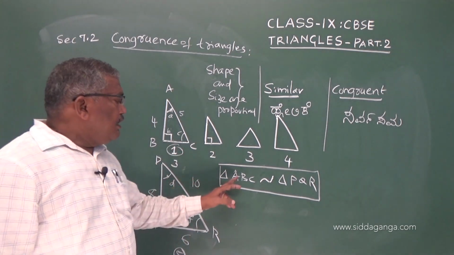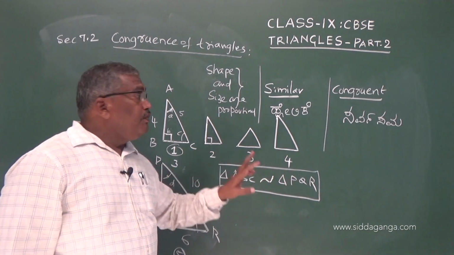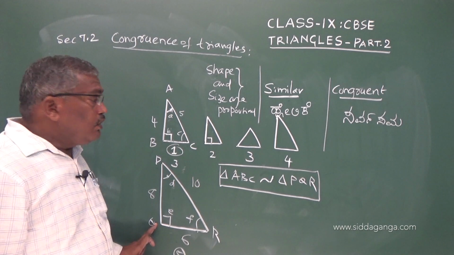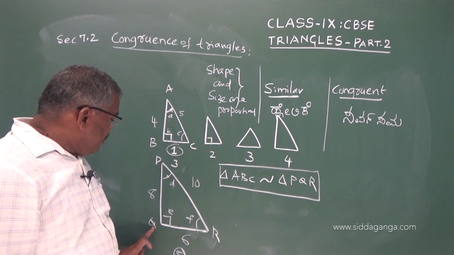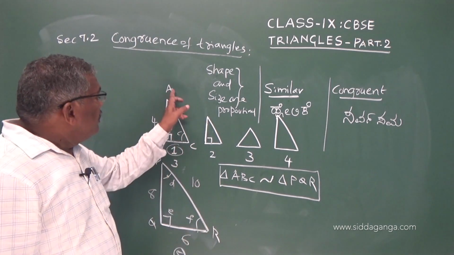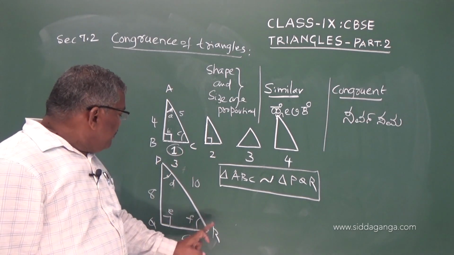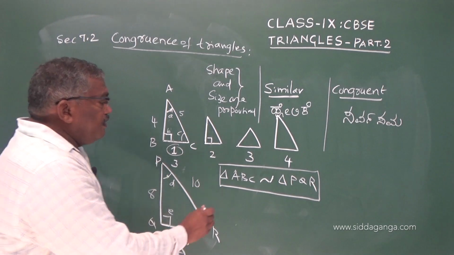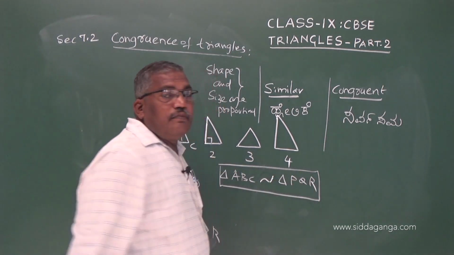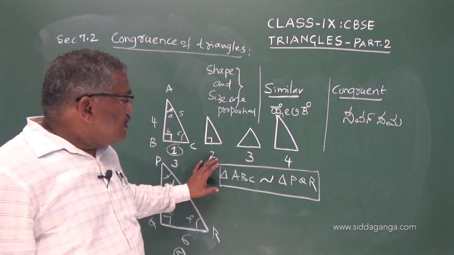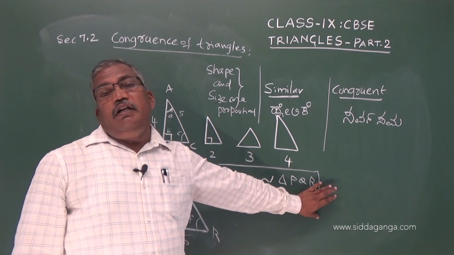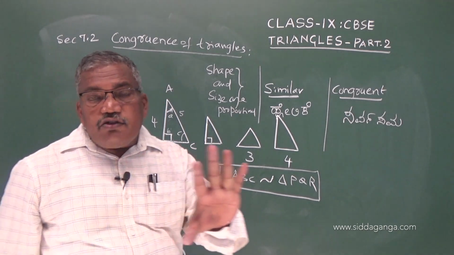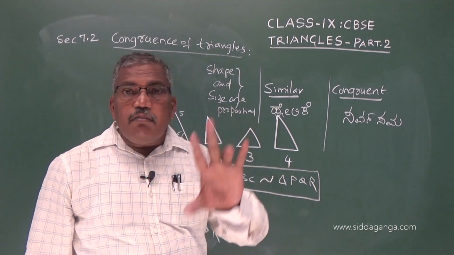That means AB divided by PQ is equal to BC divided by QR is equal to AC divided by PR. Similar means we need two important things: the corresponding angles are equal and the sides are proportional.